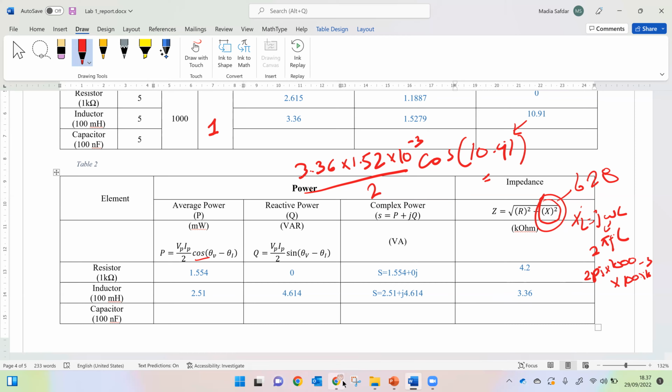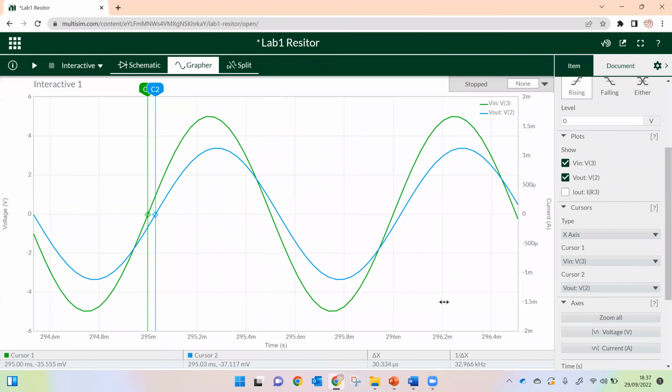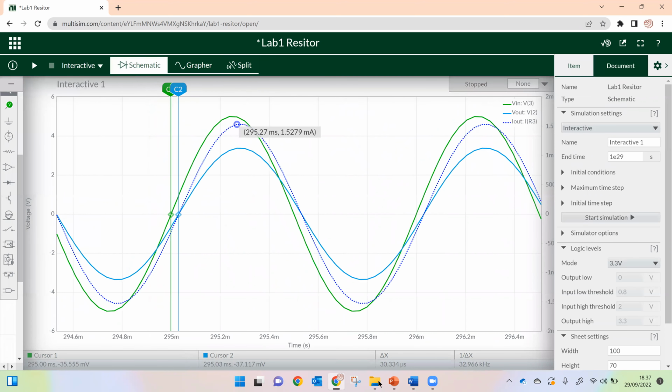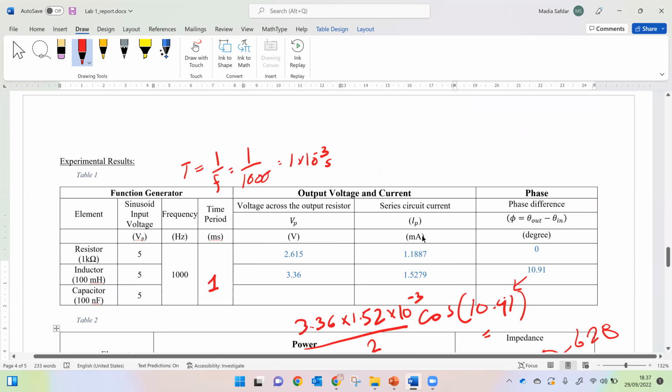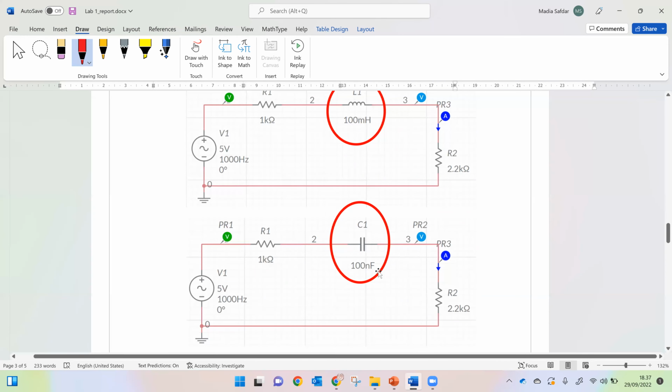Then you will take a screenshot of the circuit and three different screenshots: one for the output voltage, one for the output current, and one for the phase angle. Similarly, now let's go to the third circuit. We have to use a 100 nanofarad capacitor.